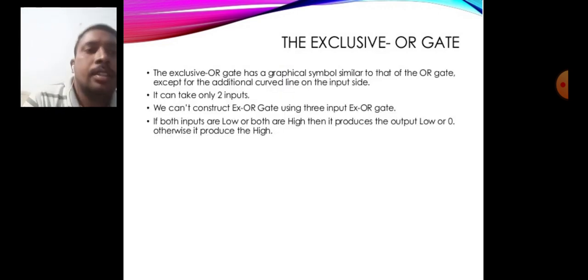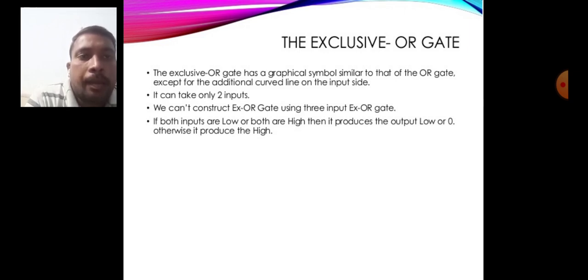The next one is the exclusive OR gate. The exclusive OR gate, that means the XOR gate, cannot be constructed from three inputs; it uses only two inputs.